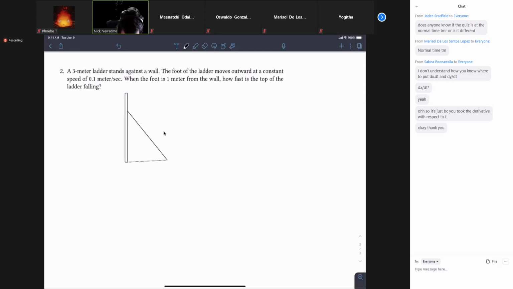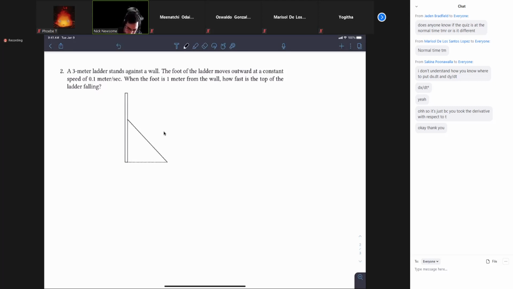Oh, that's not even a right triangle. Dang. There we are.